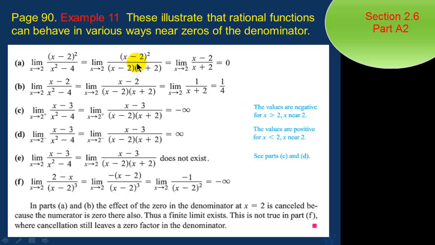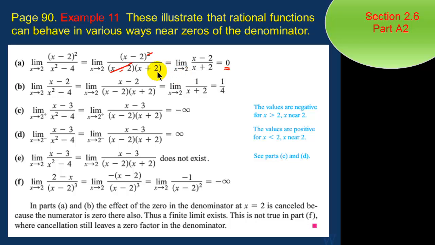And that will give me a chance to cancel out one of the binomials. That cancels out x - 2 on the top, and we take the limit of (x - 2) all over (x + 2) as x approaches 2. That's just 0 over 4, which is equal to 0.